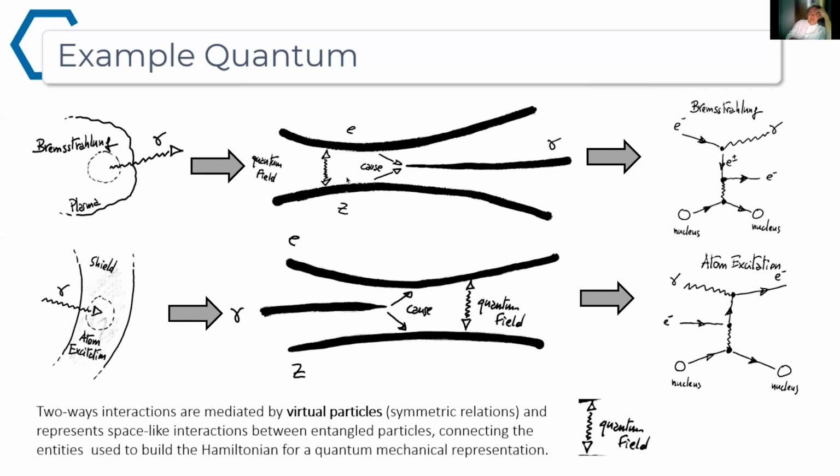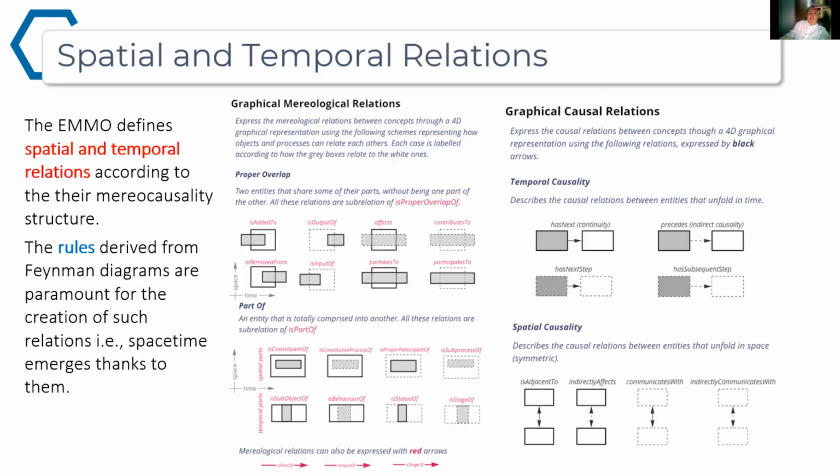So there are relations in the EMMO that let you express the fact that two entities are related using a quantum field, and that can give you the hint about what are the entities that you have to use in order to build the Hamiltonian, and what are the potentials that you have to use in order to generate this Hamiltonian. So just to tell you that in the EMMO you can work at a very high level, also to a very low level, applying a different level of modeling.